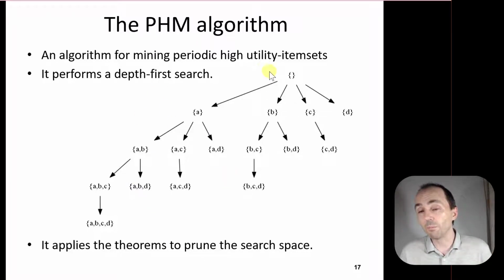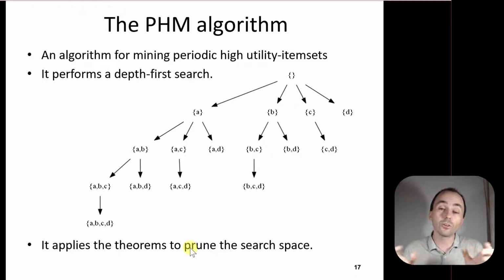So the PHM algorithm will start to search in this search space, and then use the theorem about the periodicity that I just talked about to reduce the search. And also it will use the other theorem I did not introduce, about utility from another paper, to also eliminate possibilities based on the utility.